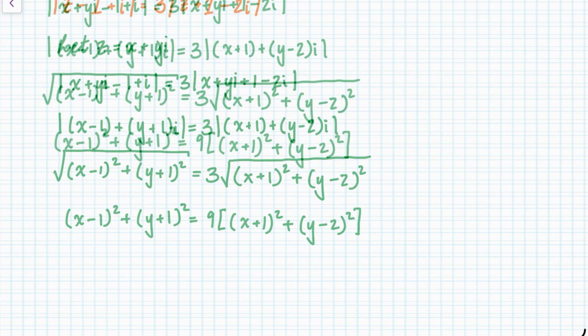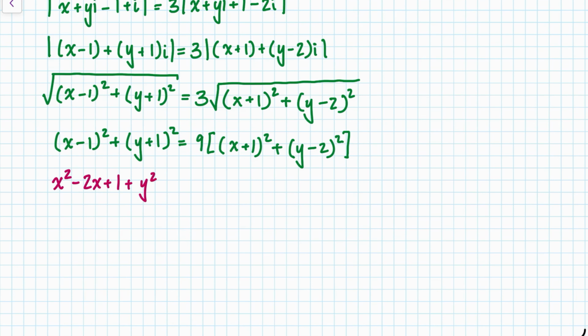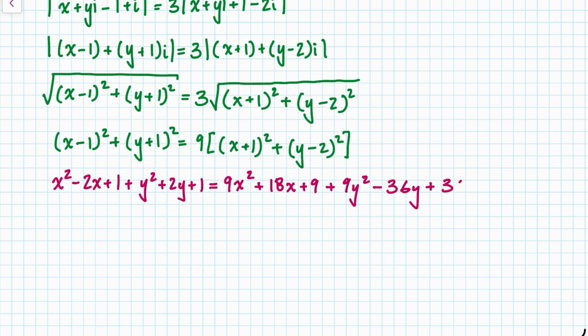On the left-hand side, I'm going to have x squared minus 2x plus 1 plus y squared plus 2y plus 1. And on the right-hand side, I'm going to have 9x squared plus 18x plus 9 plus 9y squared minus 36y plus 36.